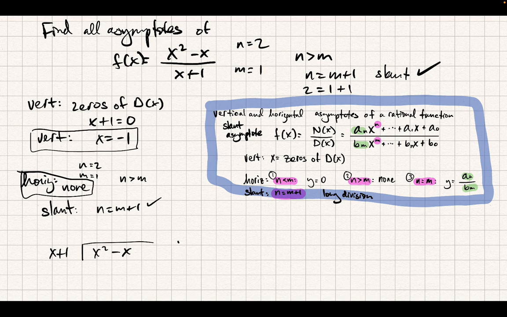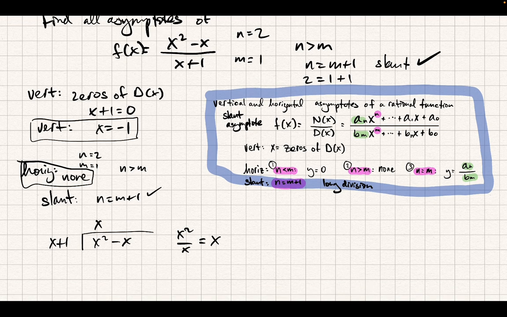Put that on top, and then multiply out, so you get x squared plus x. But if you distribute your negative, you get minus x squared minus x.